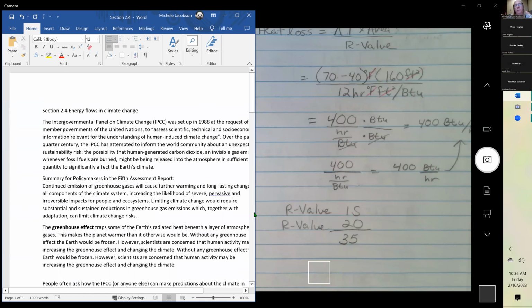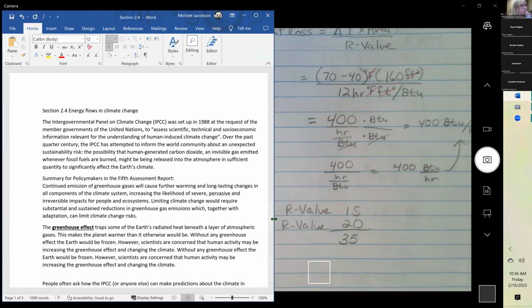Section 2.4. This section talks about energy flow and climate change, the greenhouse effect. The Intergovernmental Panel on Climate Change, you'll see the initials throughout the book, IPCC.